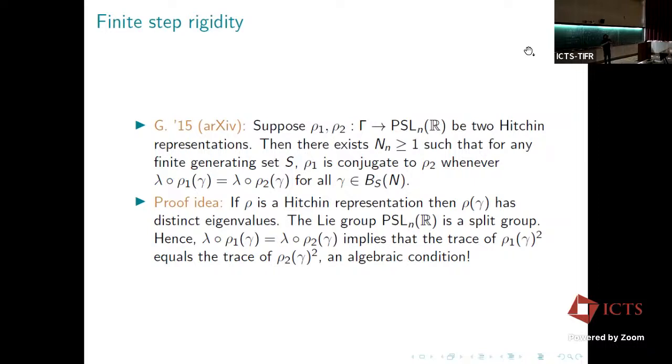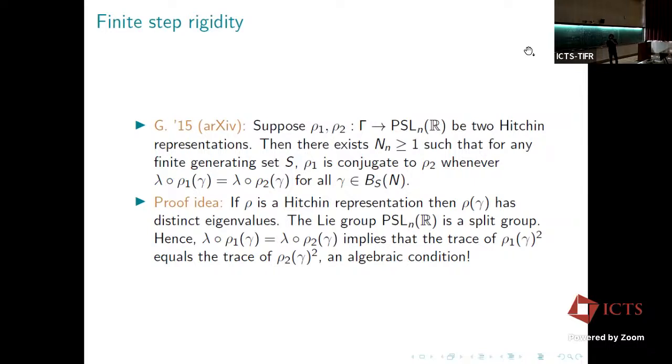If you had only eigenvalues, you could take the trace and it's an algebraic condition and there is nothing much there. But because it's the modulus of the eigenvalue and you are not checking infinitely many, there is something non-trivial that should come from the representation itself.